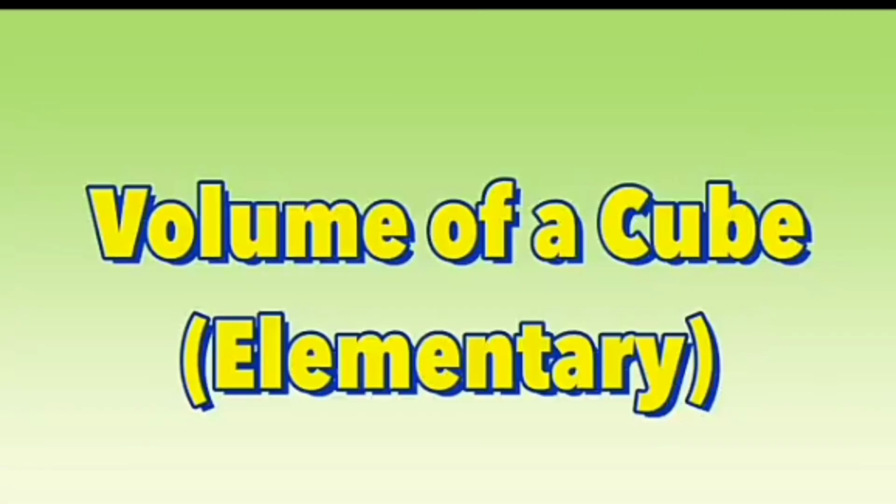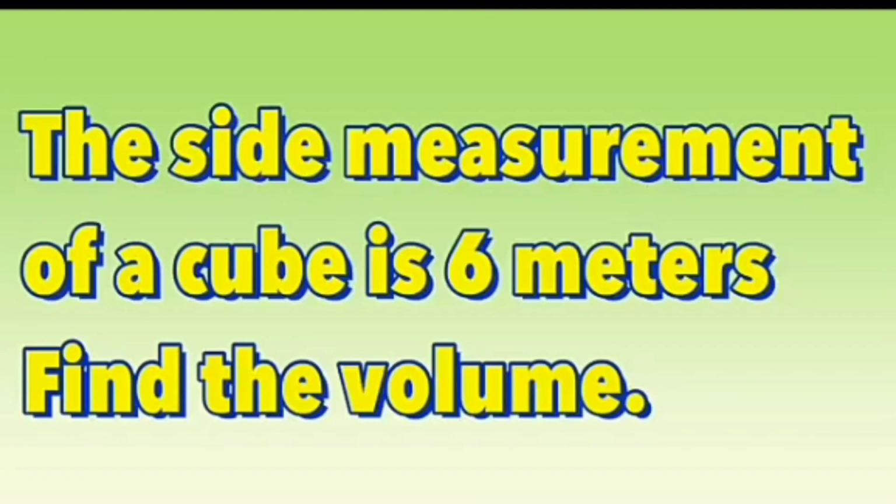Again, how to find the volume of a cube. The first problem, the side measurement of a cube is 6 meters. Find the volume. So in computing the volume of cubes, we have to use the formula volume equals side cubed.